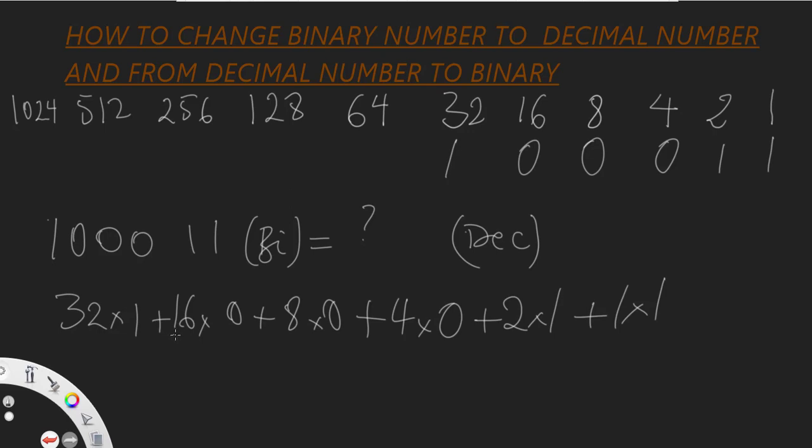All this will be 0, so we have 32 plus 2 plus 1. So the answer is 35.